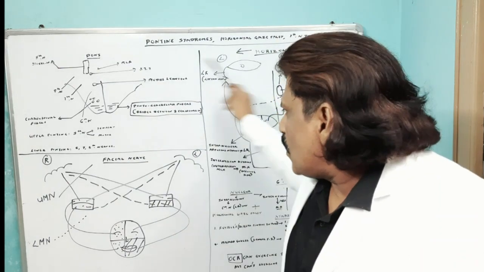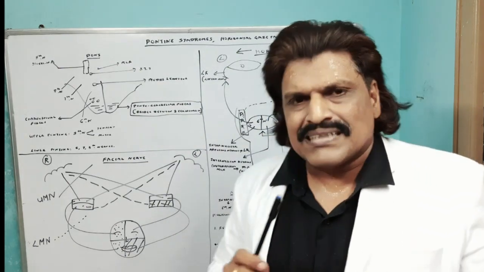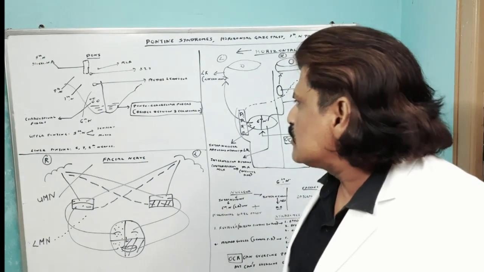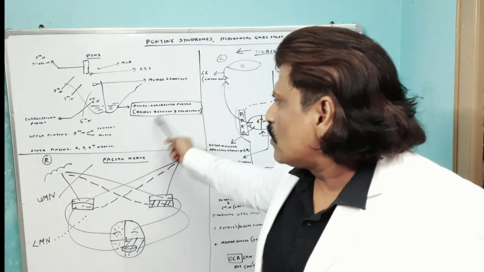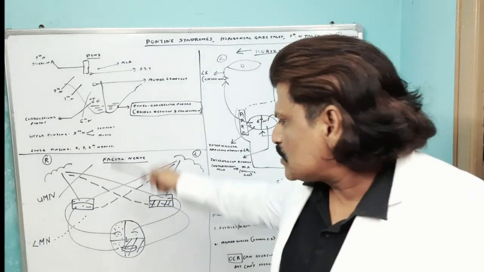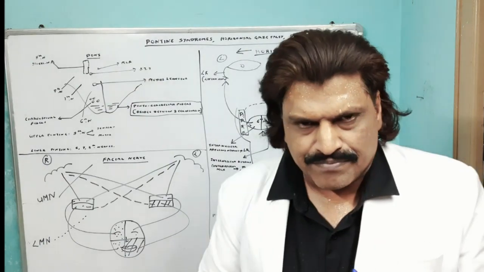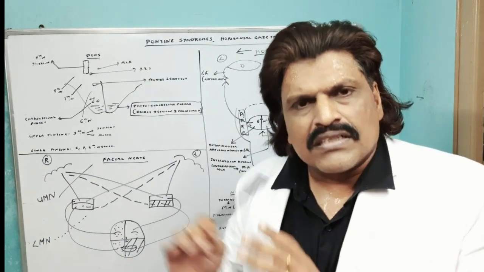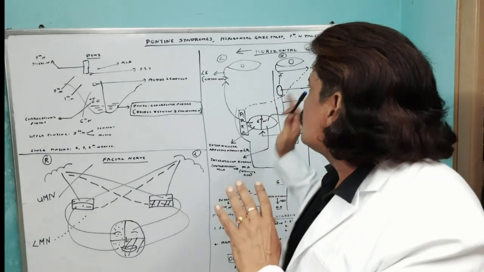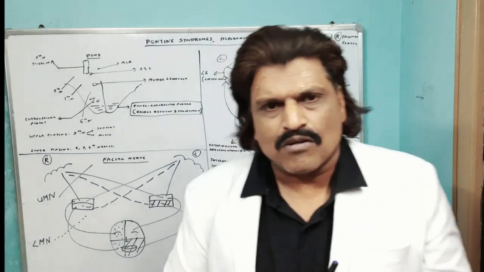So to understand all these important points, seventh nerve palsy, horizontal gaze palsy, and the pontocerebellar fibers, we need to understand all these points. So this is an overview of pontine syndromes, horizontal gaze palsy, and seventh nerve palsy.